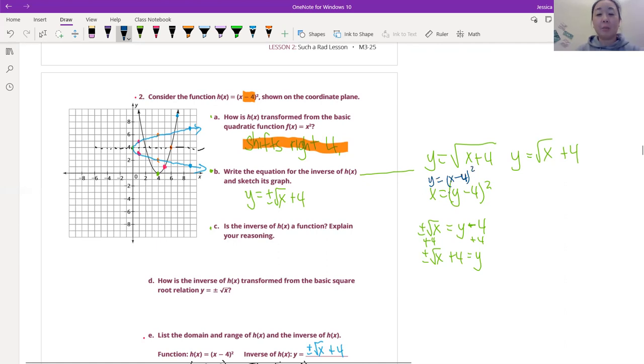And then we're going to switch x and y. Once we do that, we have to square root first, because that's on the outside. So we're going to square root both sides first to cancel out the square. So on the left-hand side, it's going to be plus or minus the square root of x is equal to y - 4.